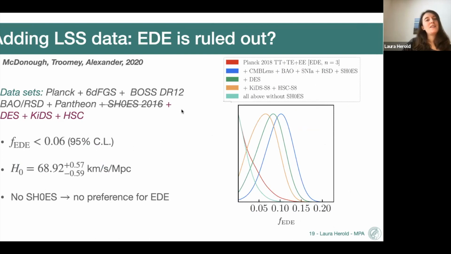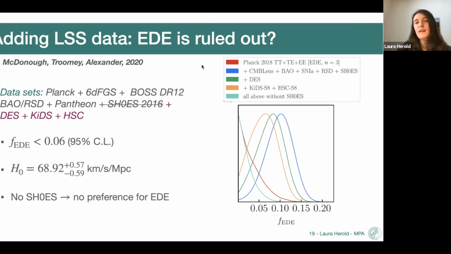Now, in this study, they discarded the SH0ES measurement and they included weak lensing experiments, which are particularly sensitive to sigma 8. So with that, one can probe the compatibility essentially of EDE with the sigma 8 tension.